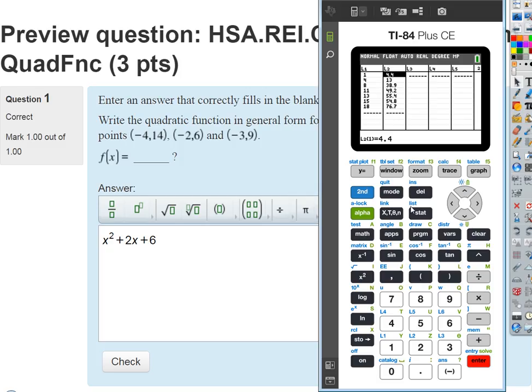You'll notice that 3 points defines a parabola, right? I'll go up to the top and clear that column. Now watch how easy this is. If I just put in the points, well, no, never mind.